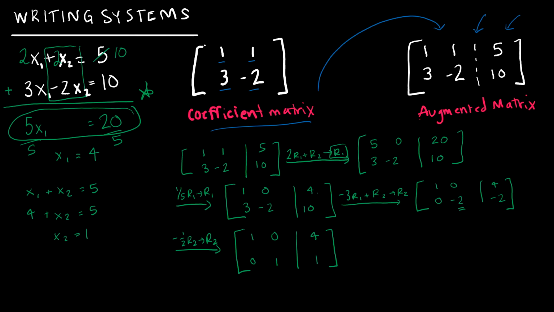So what does that tell me? Again, this translates into 1x1 plus 0x2 is equal to 4, and 0x1 plus 1x2 is equal to 1. And of course we know that we don't need these, so this is just x1 is 4 and x2 is 1, which is exactly what I found over here.